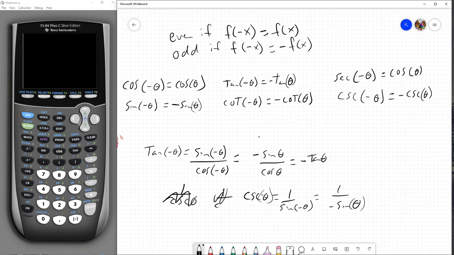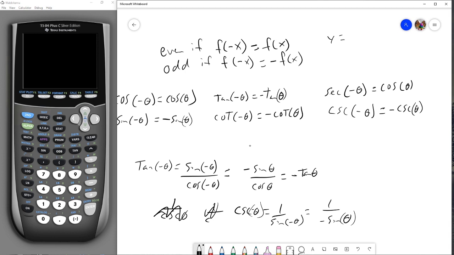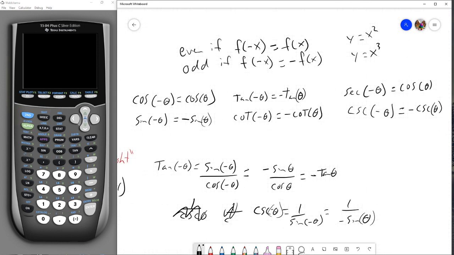Classic example of this is y equals x squared and y equals x cubed. Two examples there of even and odd. Alright. So we can conclude then cosine is even, secant is even. So we'll highlight those. This one and this one. Those are even and the rest are odd.